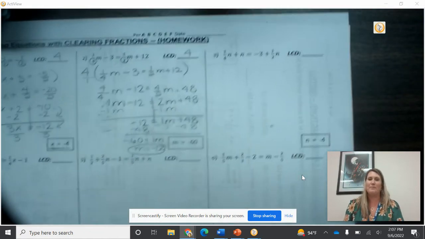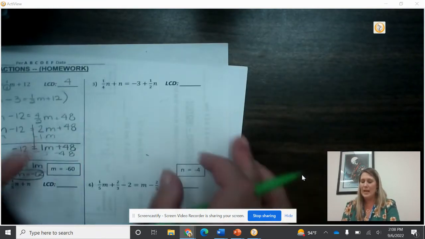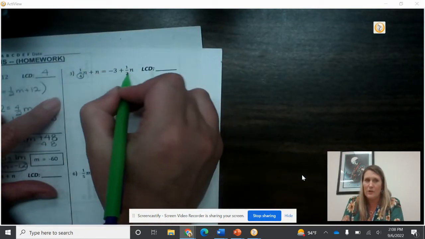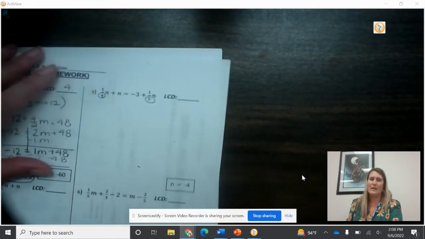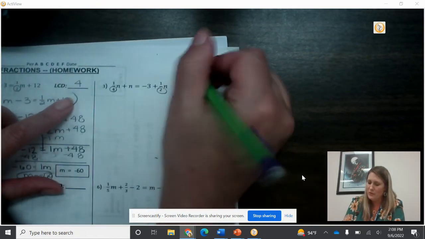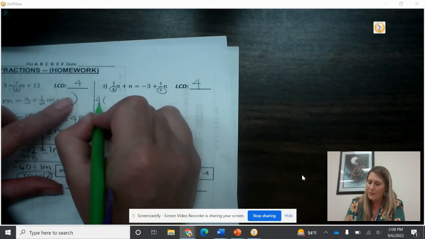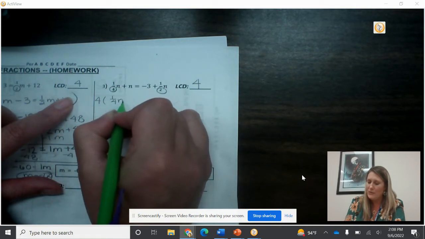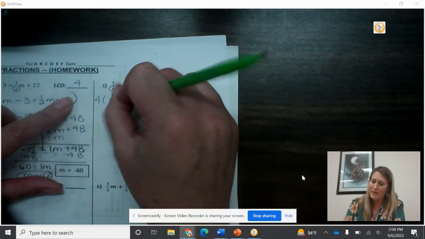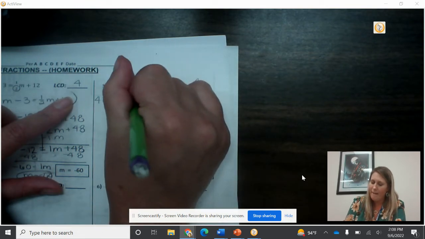All right, let's keep going. So least common denominator here. I always like to circle those denominators. The least common denominator of 4 and 2 is 4. So I'm going to, once again, rewrite my equation and multiply everything in there by that least common denominator.